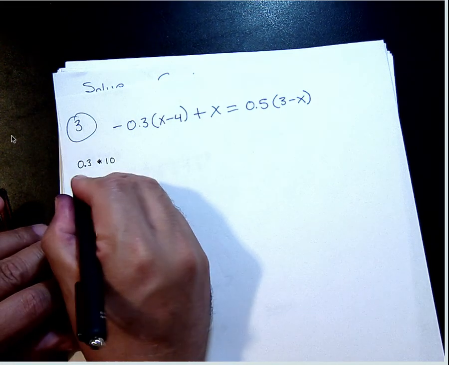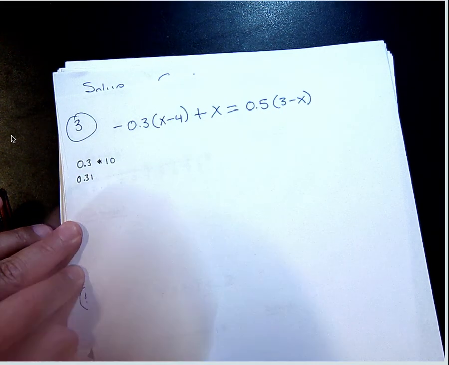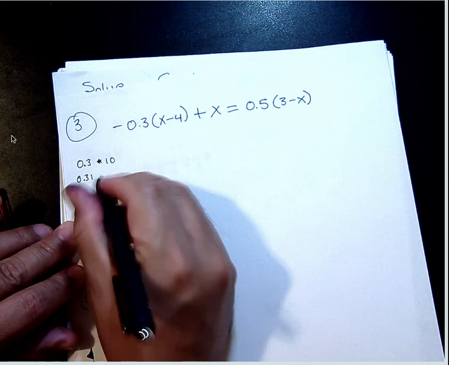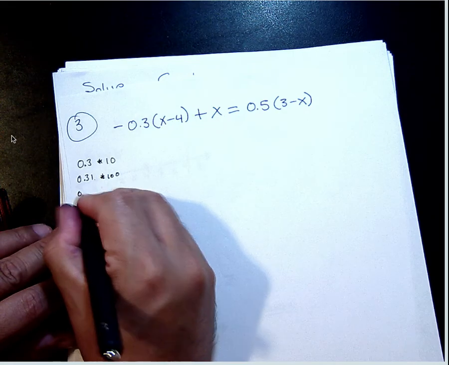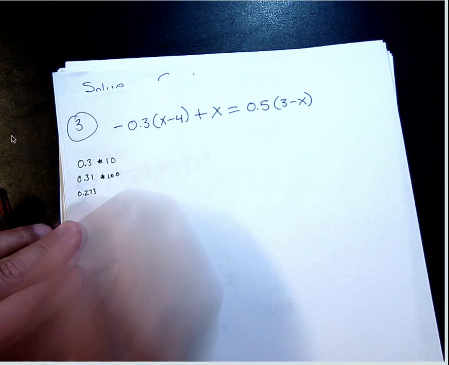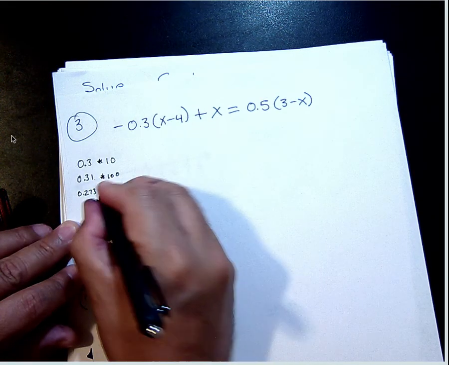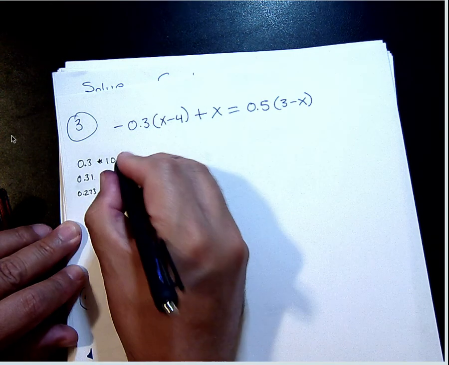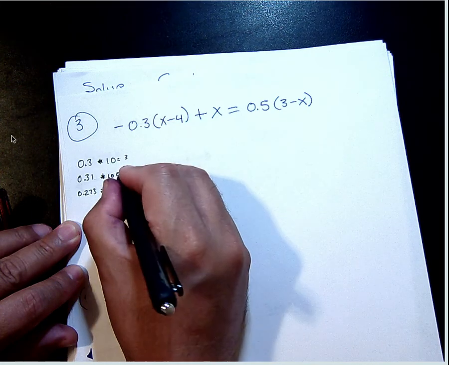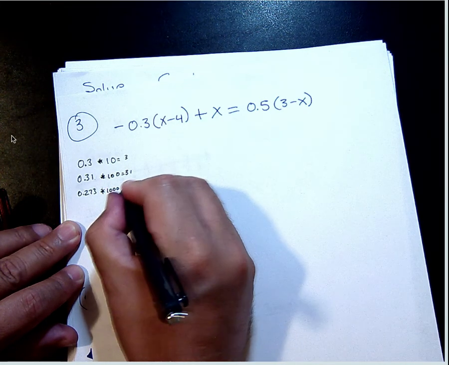If it's in the 100th place like that, you multiply by 100. And if it's in the thousands like that, 0.273, you multiply by 1,000. So that gives you 3, that gives you 31, and that gives you 272.